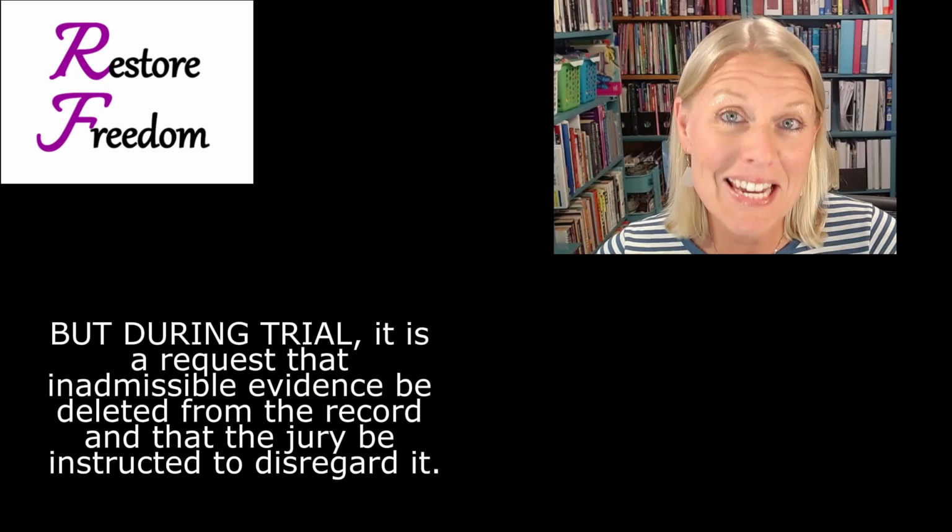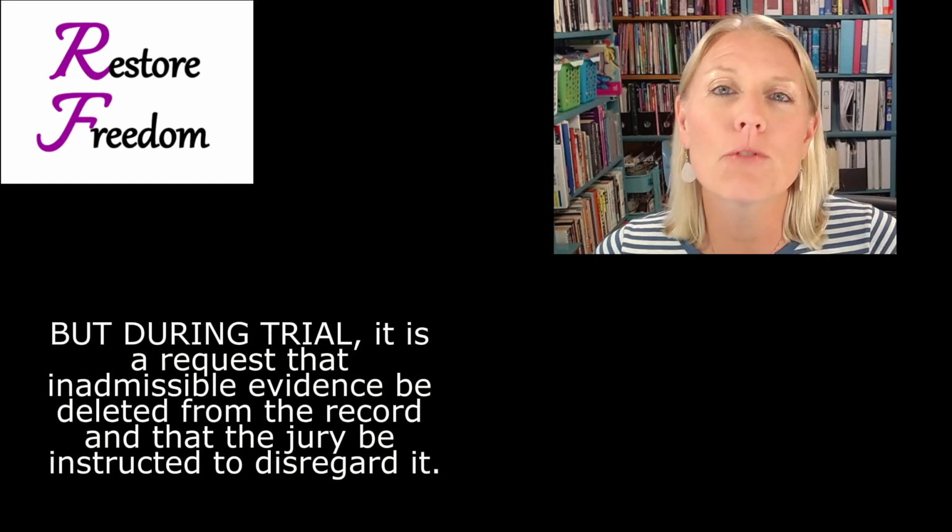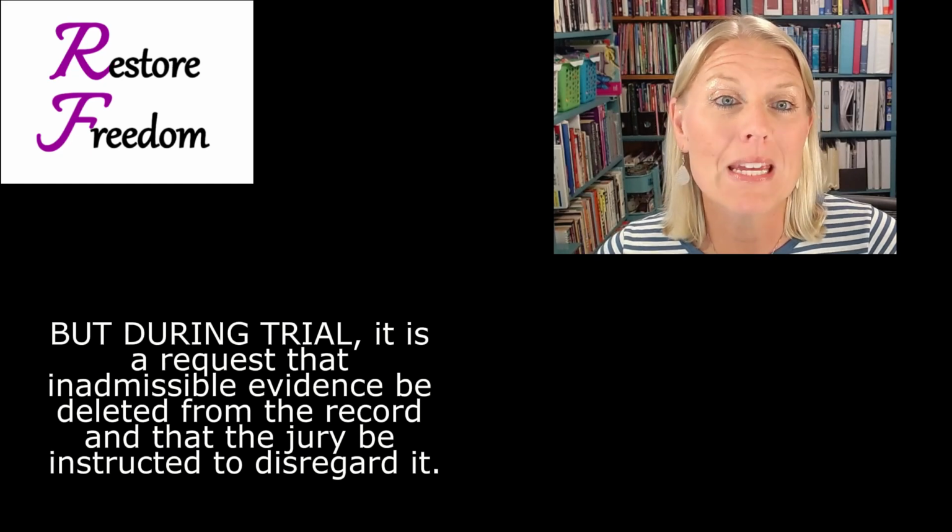Now, this is a request that inadmissible evidence be deleted from the record and that the jury be instructed to disregard it. Now, that might sound simple enough, perhaps, but it's a little bit complicated. First of all, you have the aspect of the information that is gotten out, say, in somebody's testimony, and it's information that is inadmissible.